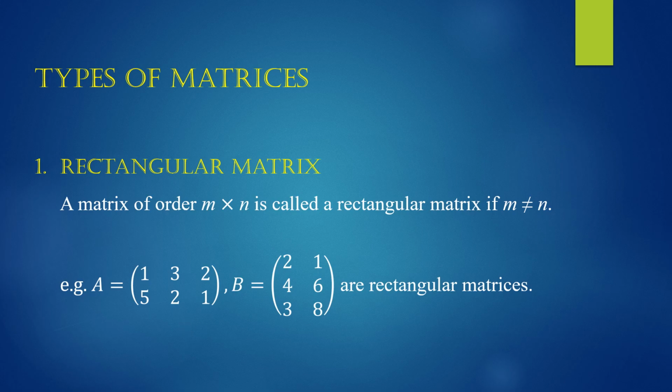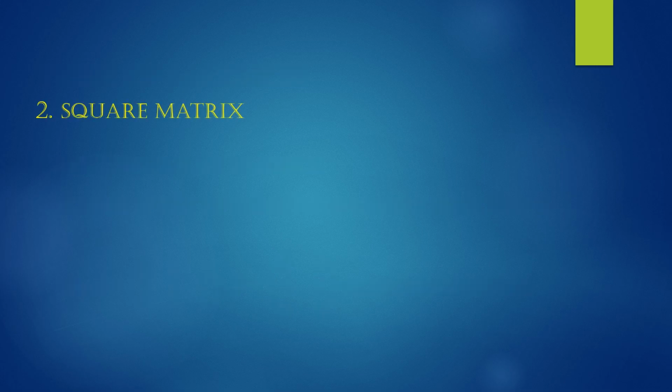Okay, so we come to the next part. The next one is the square matrix. Square matrix means the shape of the matrix is a square form, like a square. By a simple concept, you can say that if the row number and column number are equal, then the matrix is a square matrix.